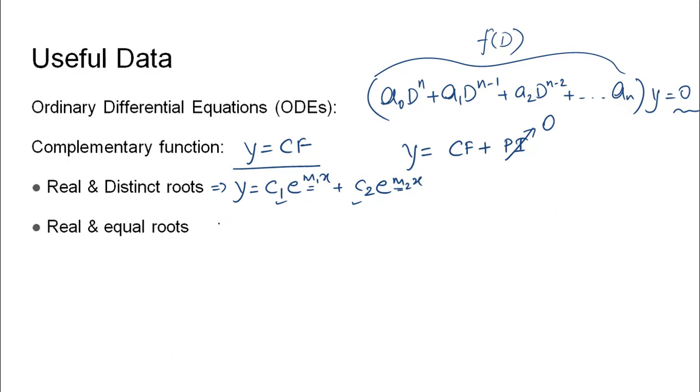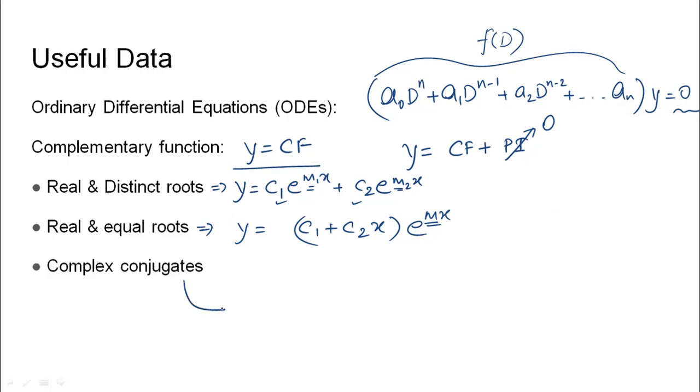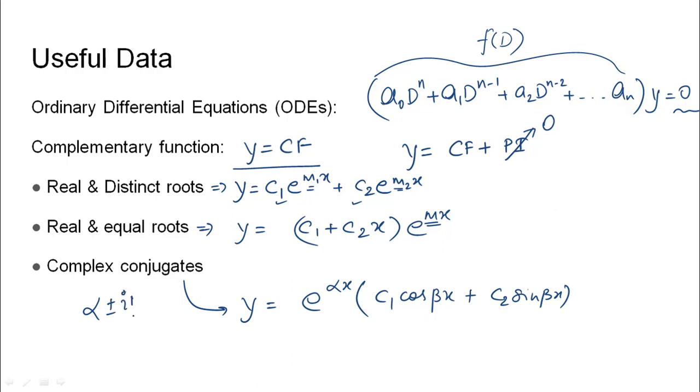For real and equal roots, it is written as y equals c1 plus c2x into e raised to the power mx, where m is the equal root. And for complex conjugates, y is written as e power alpha x into c1 cos beta x plus c2 sin beta x, where the roots are alpha plus minus i beta.